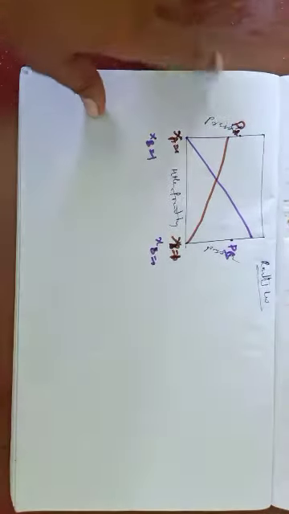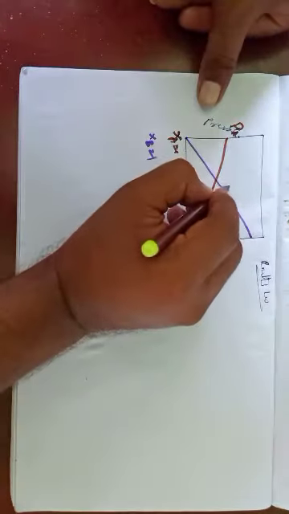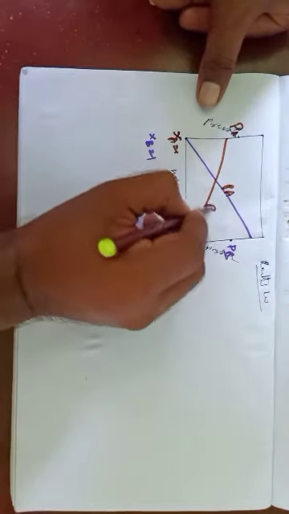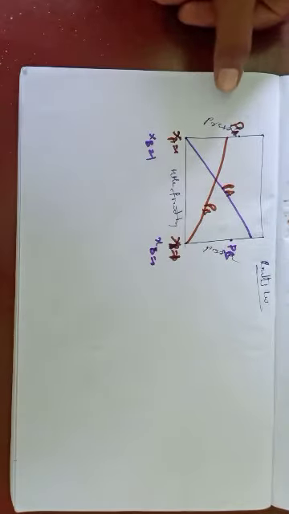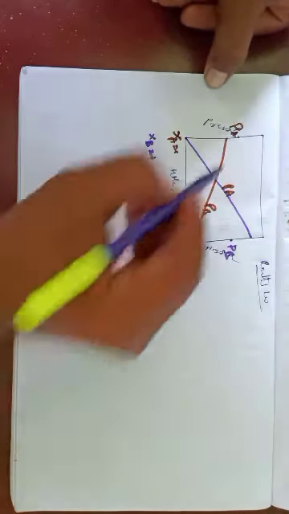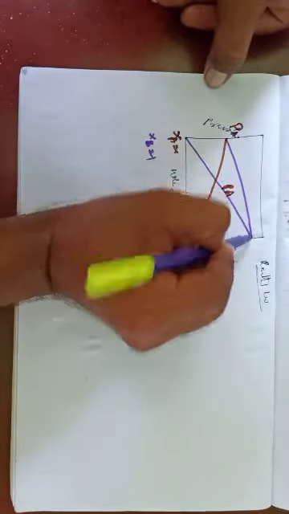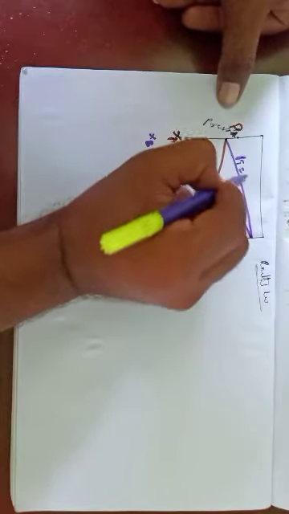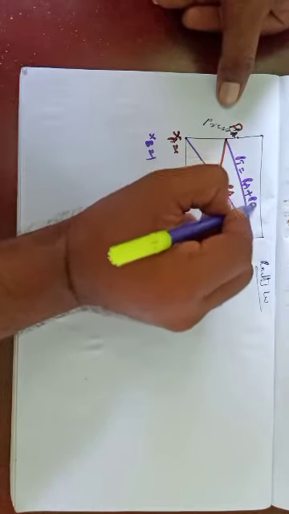This is the graph. This is PA, this is PB. The P total, according to Dalton's concept, this is P total. PT equal to PA plus PB.